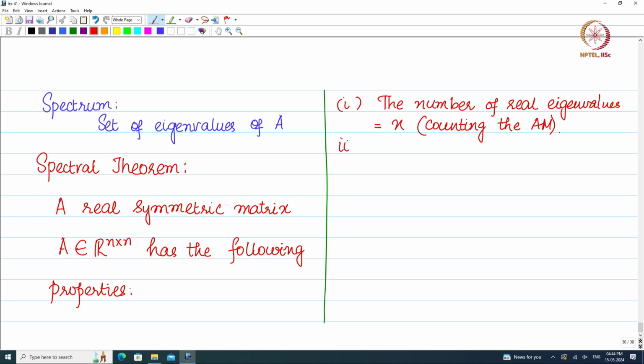Second, we had the dimension of the eigenspace, which was the geometric multiplicity.